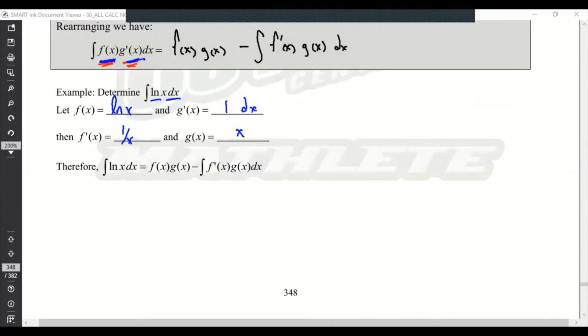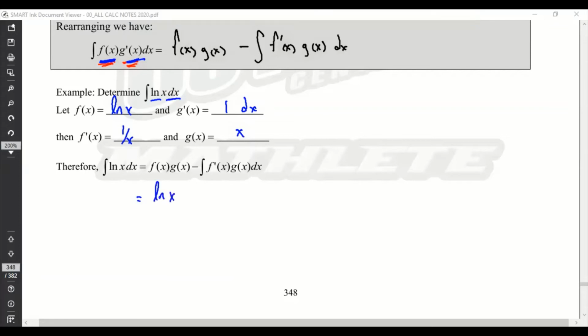Putting this all together, we have the integral of ln x dx is equal to f times g, so ln x times g of x, which is x. We should write that out in front just to make sure we're clear that that doesn't mean ln of x squared. That means x times ln of x.